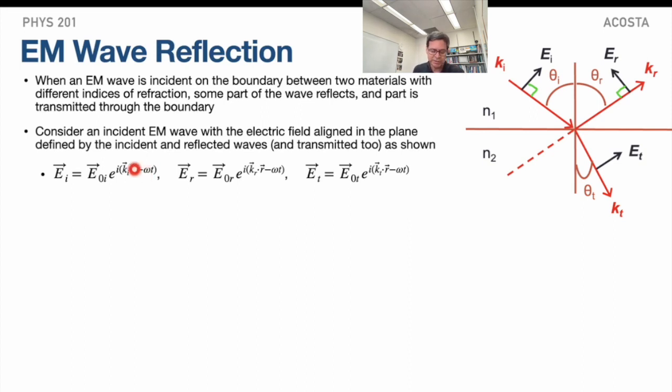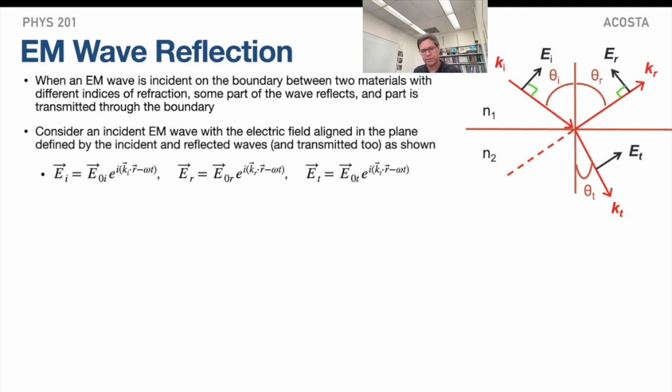So that's the oscillating piece. The reflected wave is described similarly, except the wave vector changes to the reflected wave vector kr. For the transmitted wave, again, something similar. Of course, the amplitude's different. It's E0t versus E0r for the reflected wave and E0i for the incident wave. And it has a different wave vector for the transmitted wave, kt, so it's kt dot r inside the argument to the complex exponential.